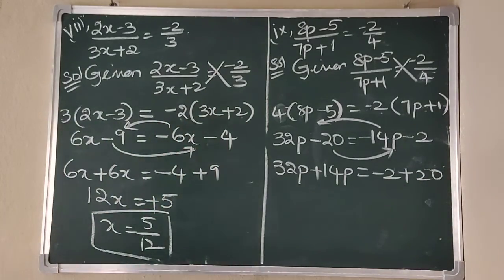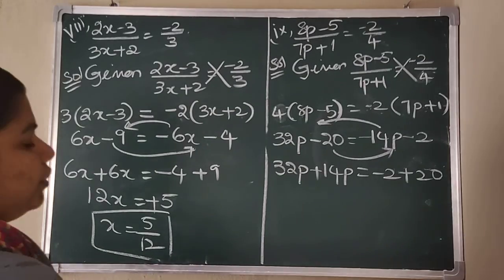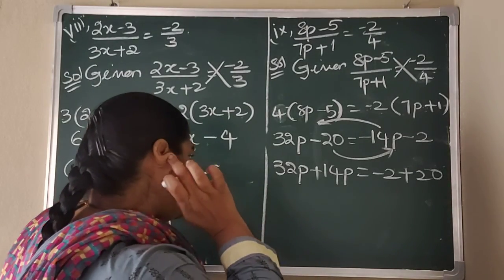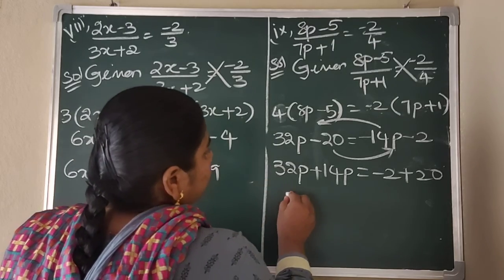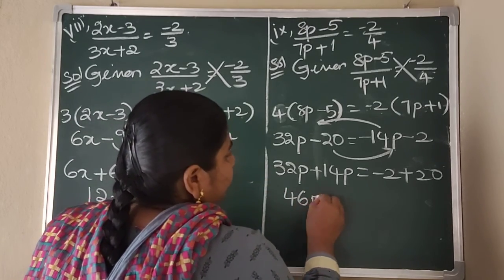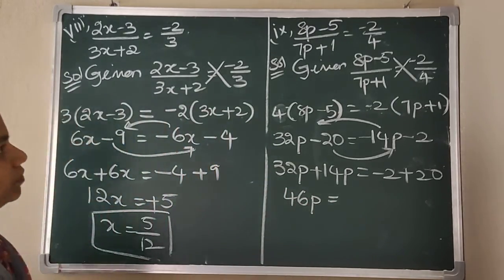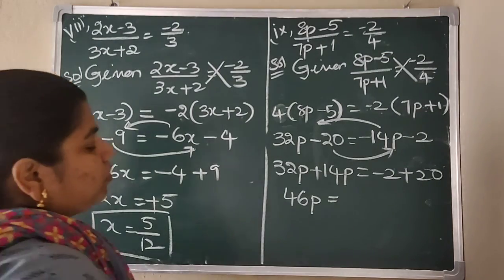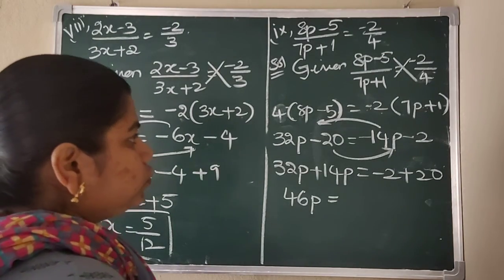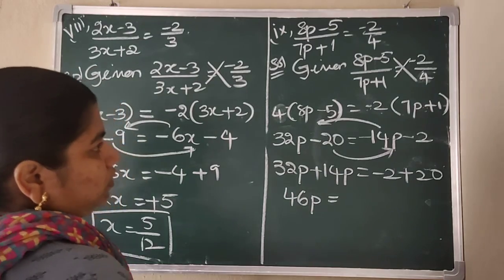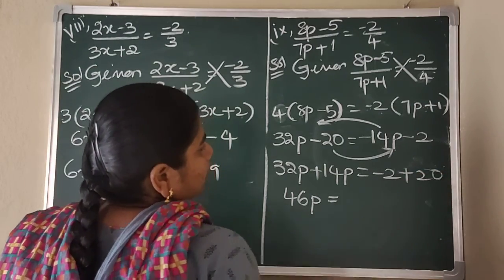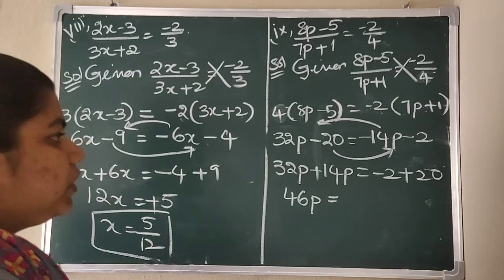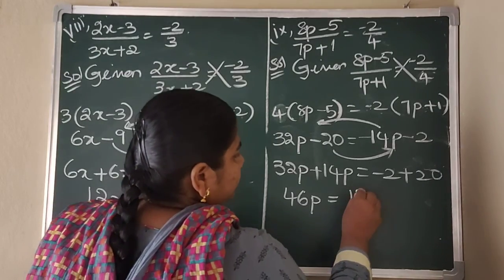So now transpose the terms: 32 plus 14 is 46p is equal to minus 2 plus 20, that will be equal to plus 18.